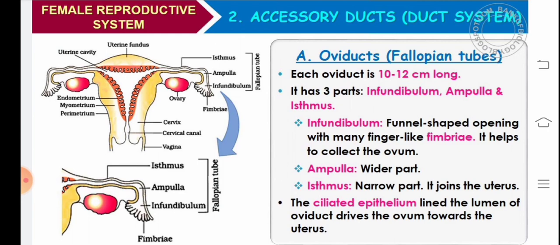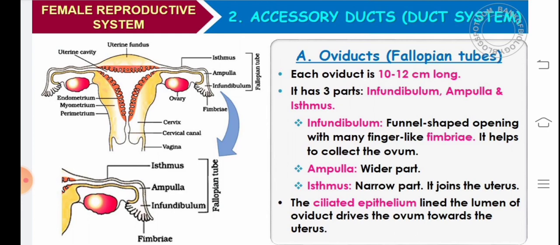The infundibulum is the part close to the ovary and it is funnel shaped. There are finger-like projections called fimbriae, which help to collect the ovum from the ovary during ovulation. Clear? Ovulation is nothing but the release of the ovum from the ovary.